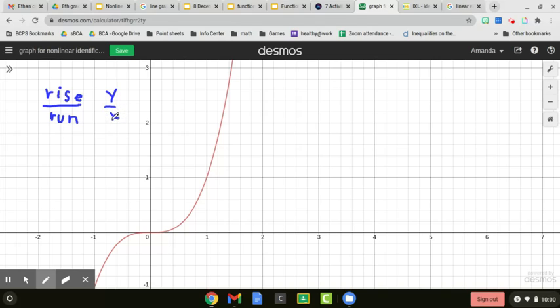So let's take a look at the slope on this graph. From 0 to 0.2 on our x-axis, we have no slope. There's no rise here, so we would call this slope 0.